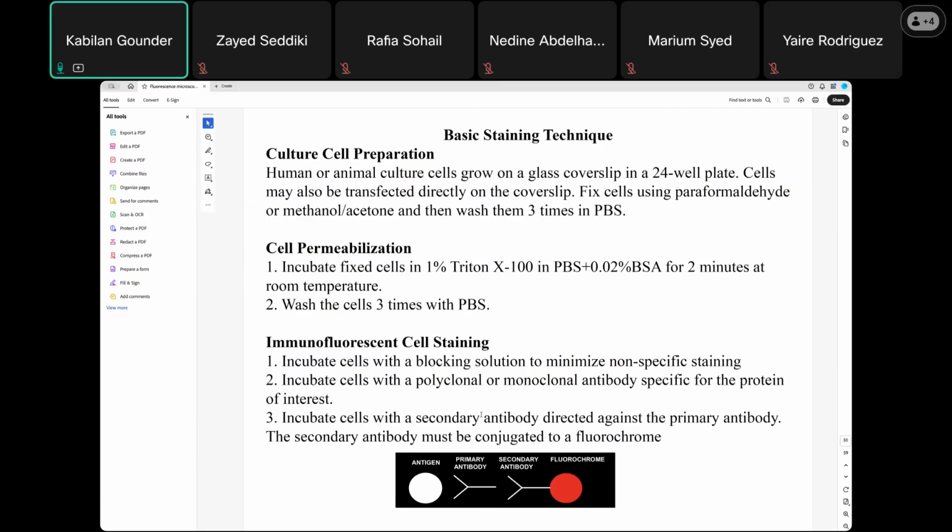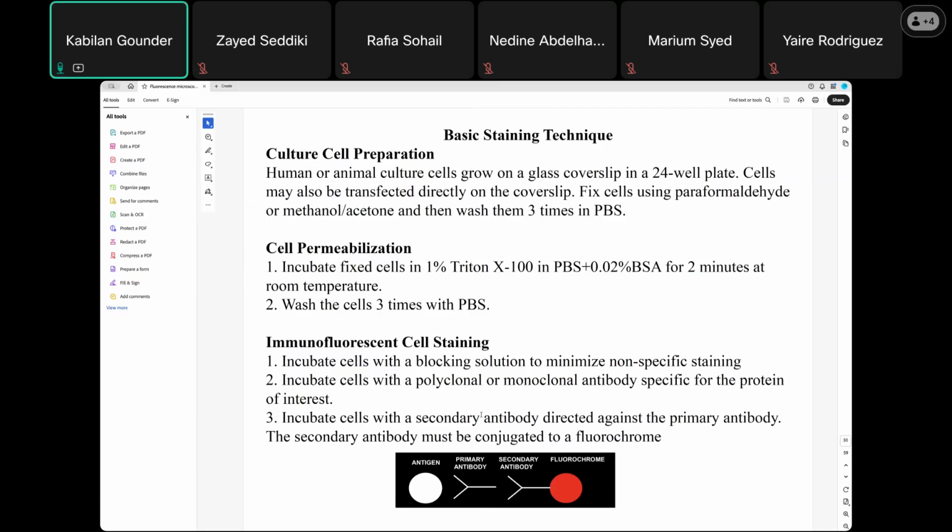First you grow the cells in the laboratory, and then you can transfer that directly onto the cover slip. Or even you can grow the monolayer on the cover slip directly. Then you can fix the cells. As we know, we can fix the cells with paraformaldehyde or methanol or acetone also, and then wash 3 times with PBS.